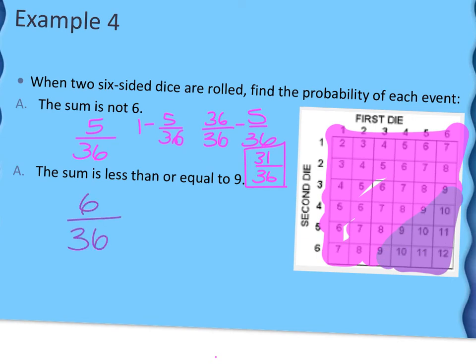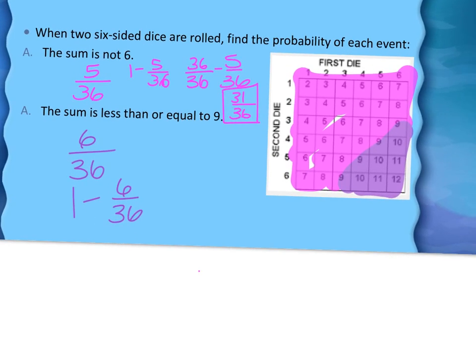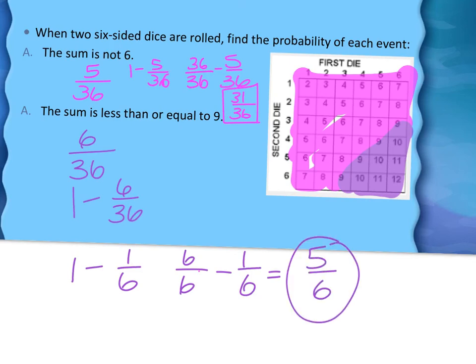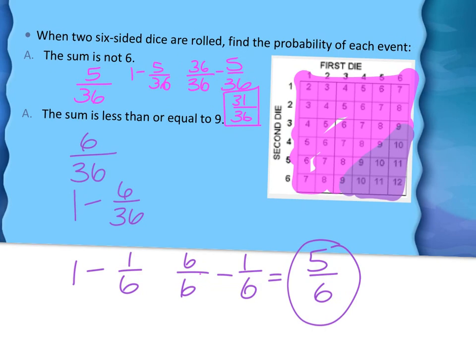And I could subtract that from 1. So 1 minus 6 out of 36. And you can reduce that even if you wanted to, make it a little bit smaller. So 1 minus 1/6 would be 6/6 minus 1/6, which is 5/6. Yep.